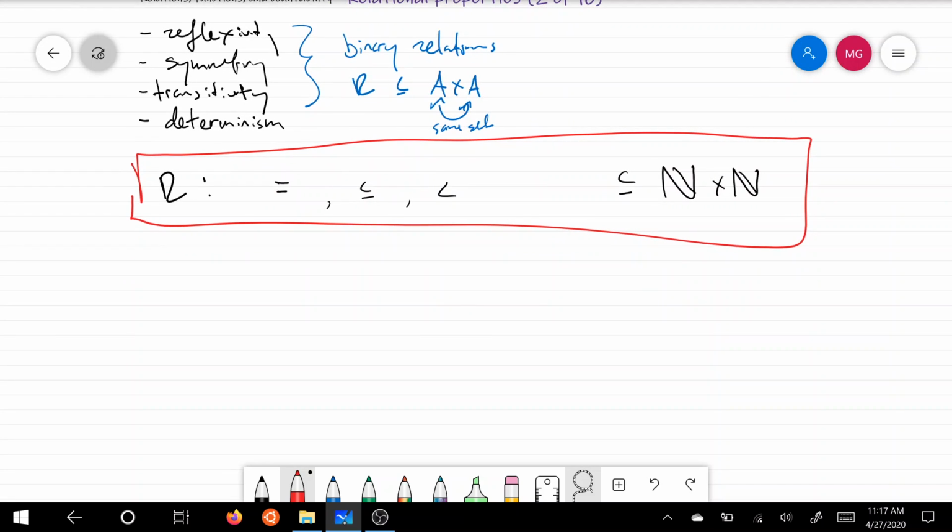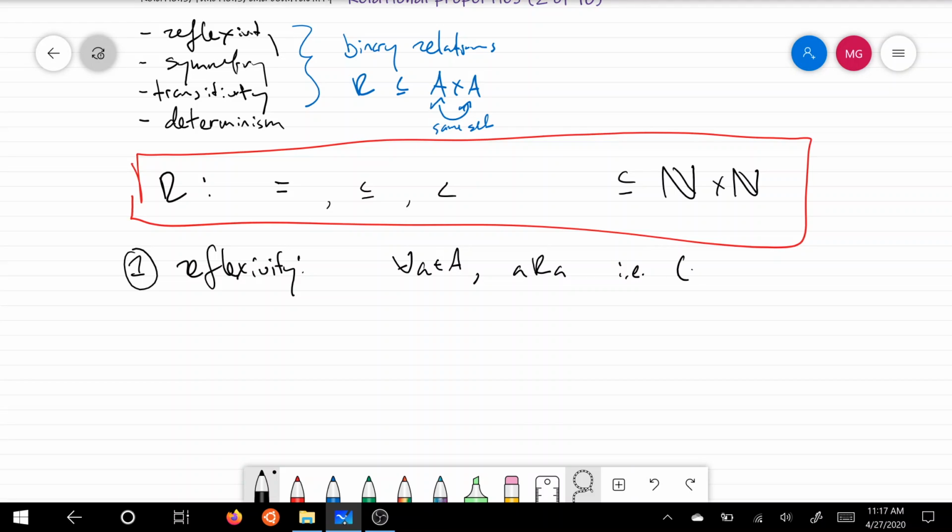Okay, so let's look at the first one, reflexivity. For all a in the set A, R a a, i.e. (a, a) is in R. Everything is related to itself.